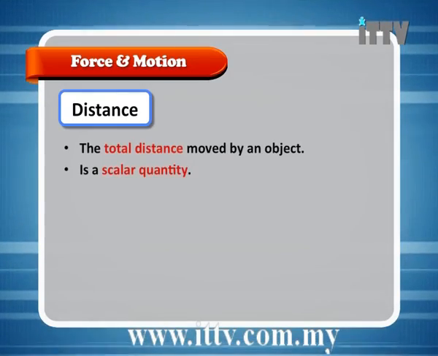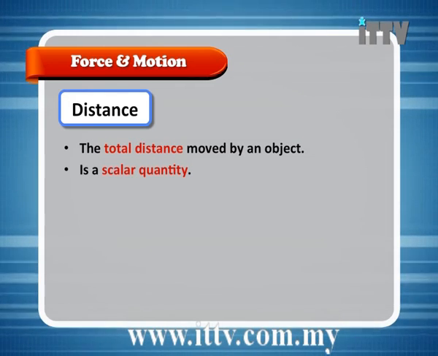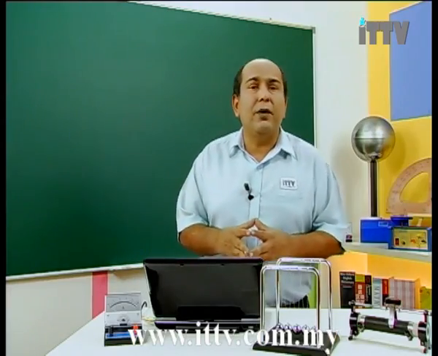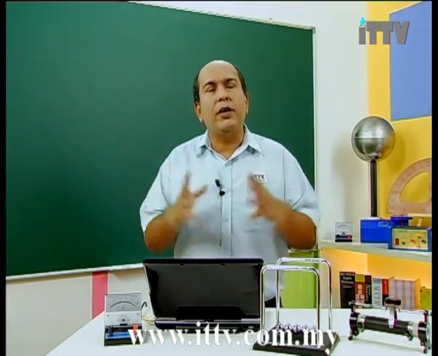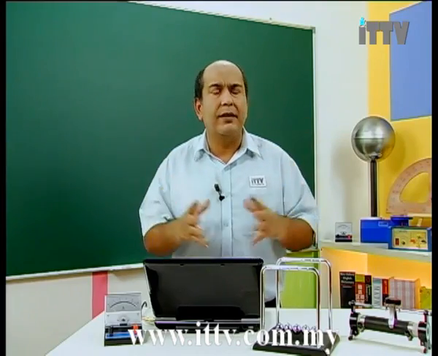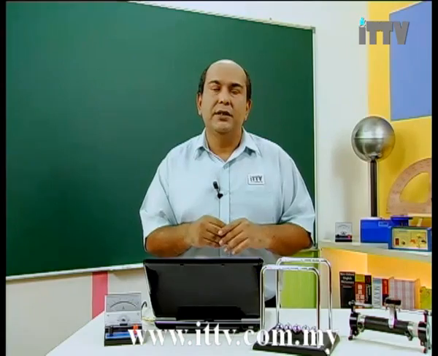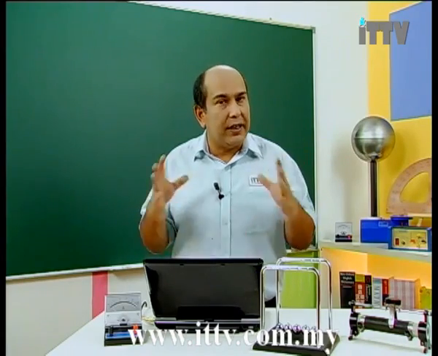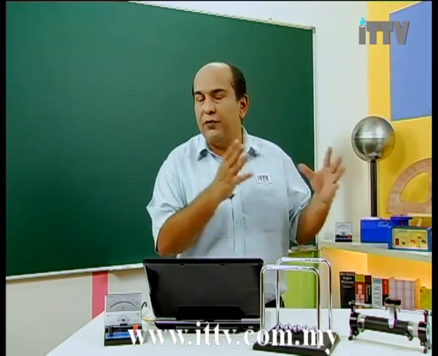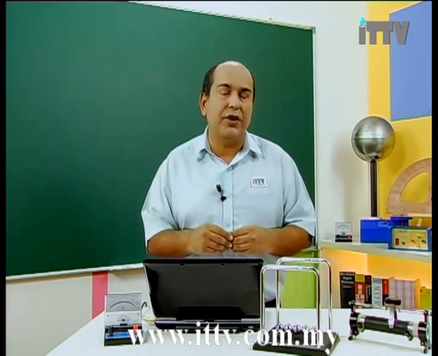Distance. The total distance moved by an object. Distance is a scalar quantity. When we talk about distance, we're talking about how far you have moved, or the total length that you have moved. It doesn't matter in what direction. As long as you moved in a straight line or straight lines from where you started to where you finish, we want to know the total length you actually moved.